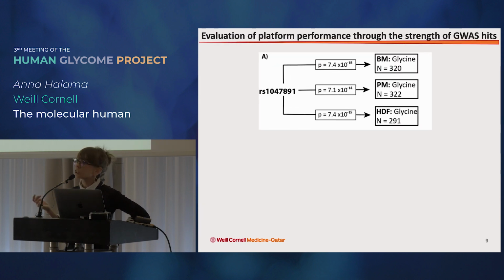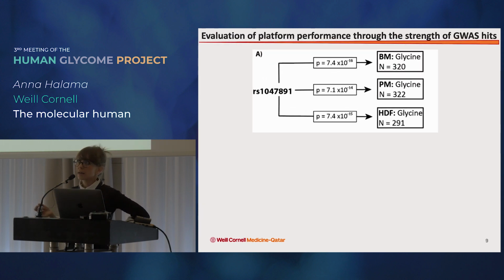The next question which we asked was, can we define which platform is outcompeting the others? And this we did by looking at the strength of the genetic variants. What I'm showing you here is glycine measured on 3 different platforms. You can see the p-values reflecting the strength of association between the genetic variant and this particular glycine molecule.